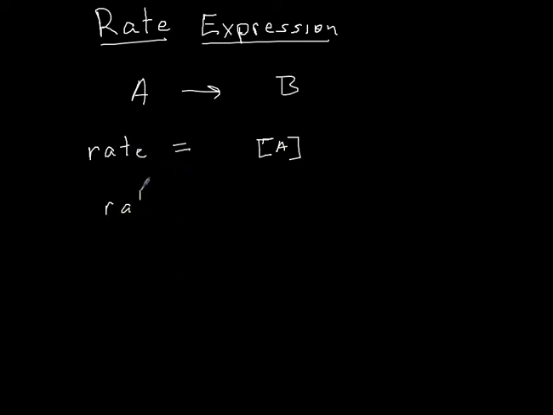And so the rate has some proportionality to the concentration of A. And that is a real simplistic way to look at a rate expression. How does change in the concentration of A affect the rate is what we're going to be looking at here.